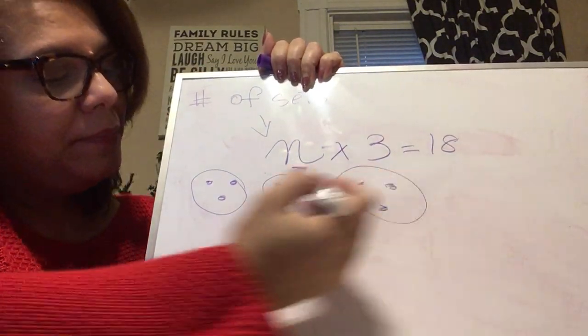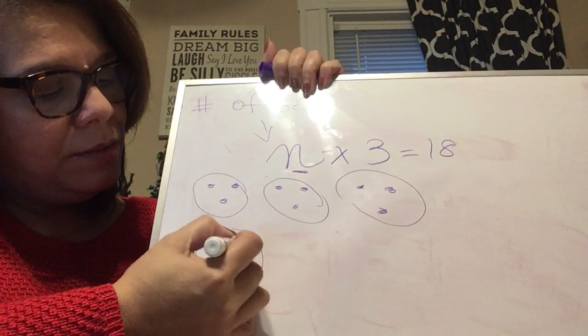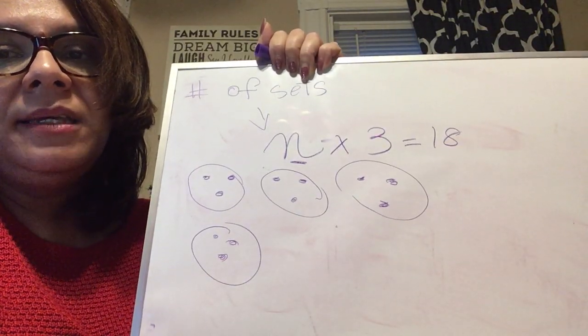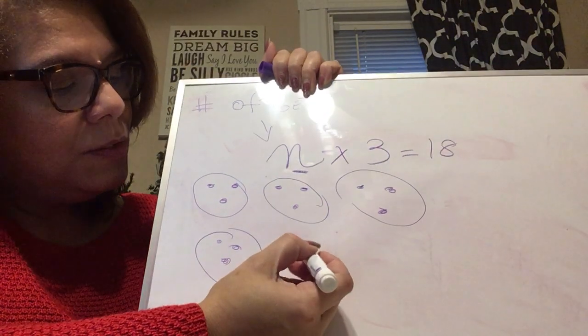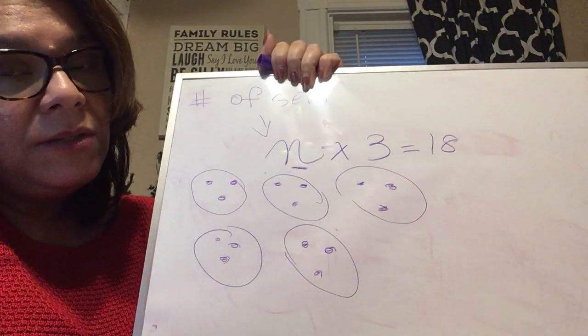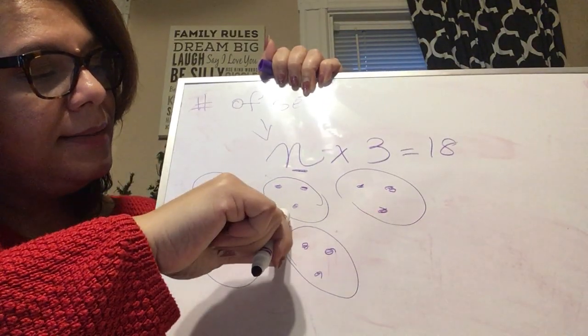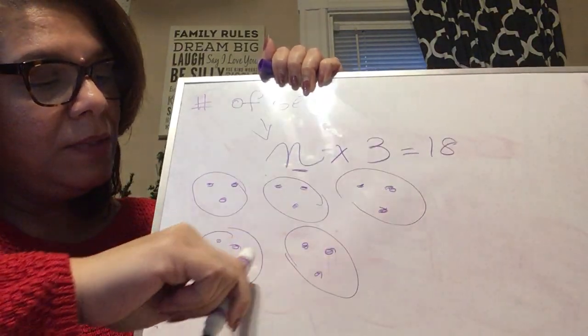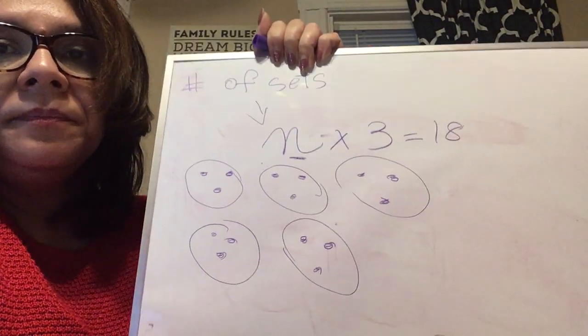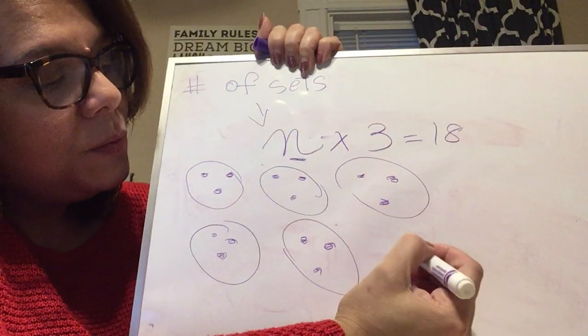Let's keep going. 1, 2, 3. Have we made it to 18? Nope. Let's do another set of 3. Let's count by 3s to find out. 3, 6, 9, 12, 15. Is that equal to 18? Not yet. Let's do another set.